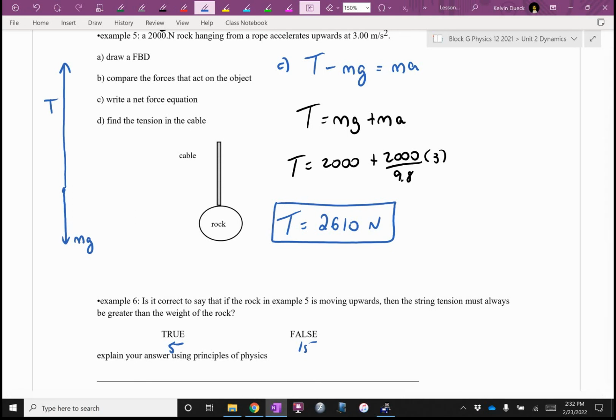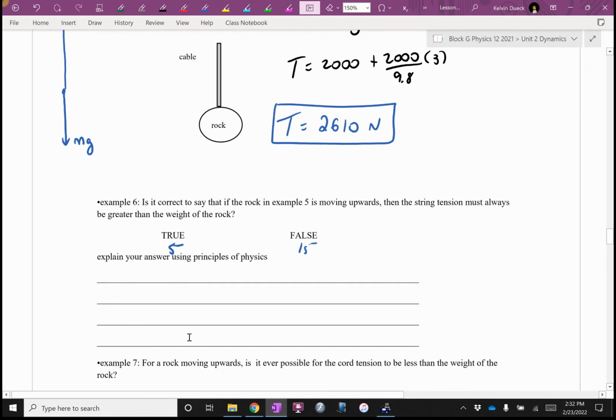Convince me. The rock could be moving upwards, but it could be accelerating downwards. How the heck can that be? Hey, you know what? Let's go for an even simpler case. If A equals 0, then we're moving up at a steady speed.